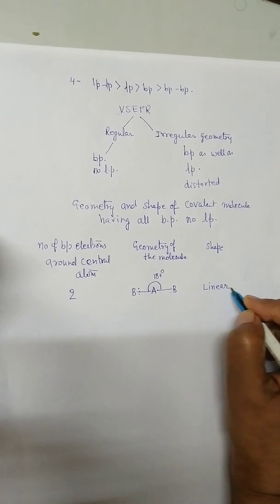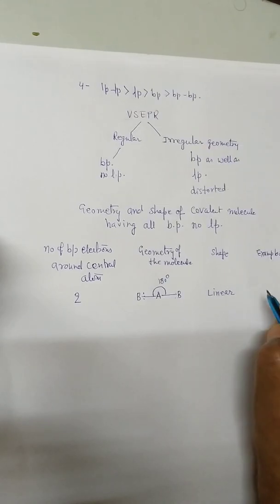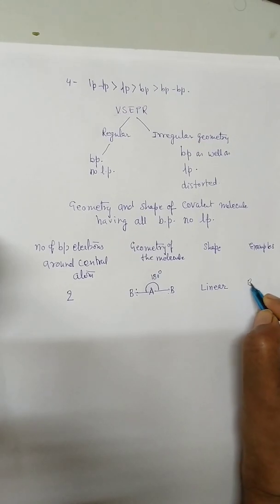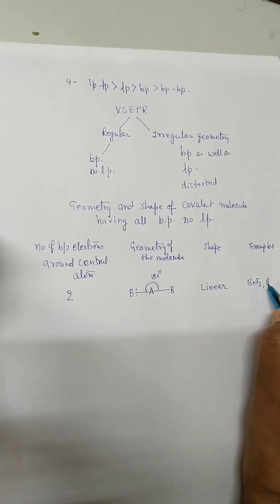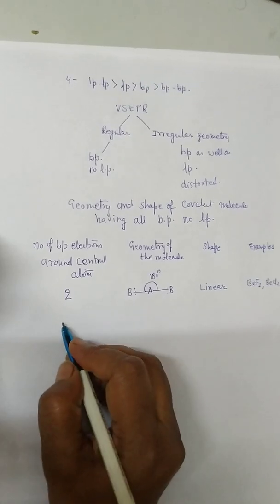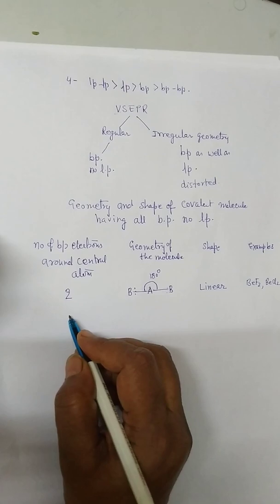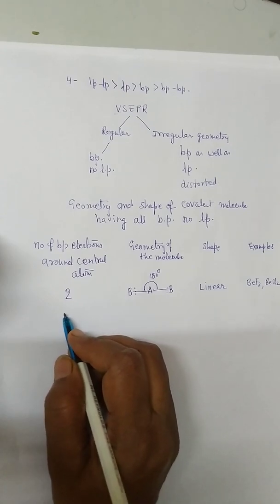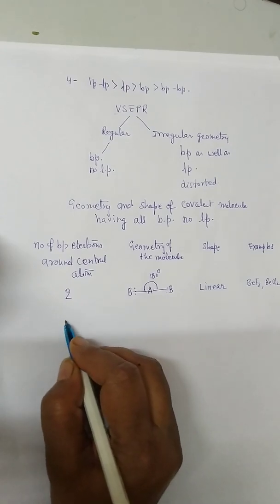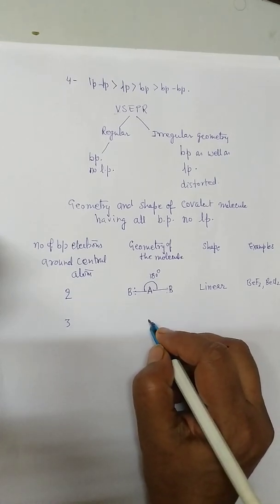So many examples are here, like BeF2, BeCl2, etc.